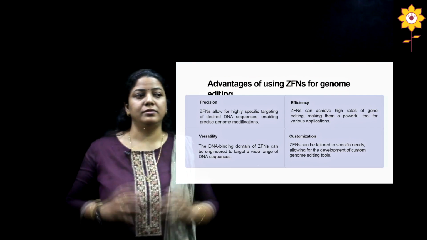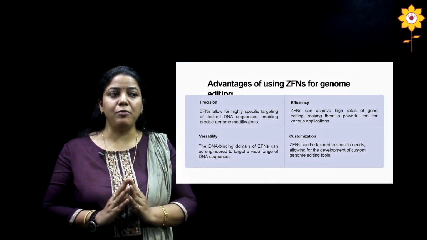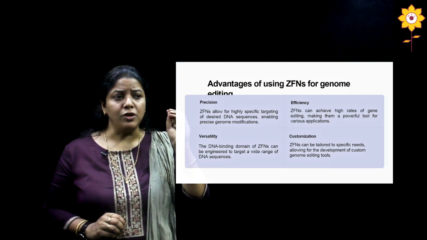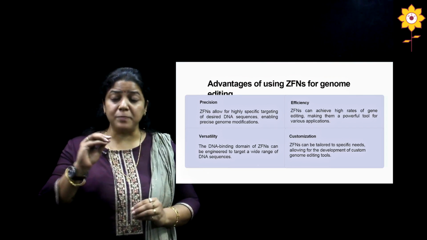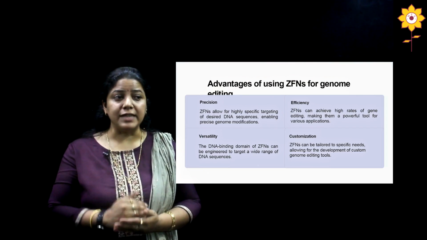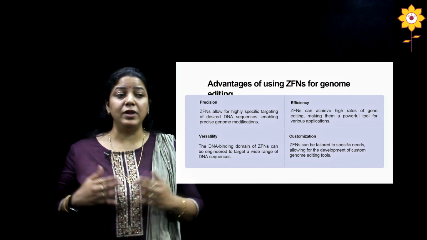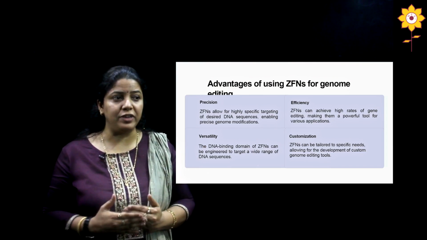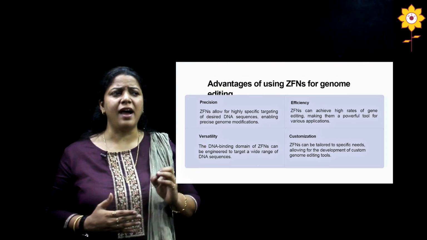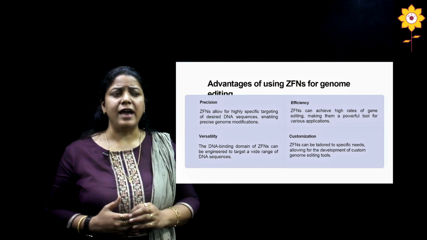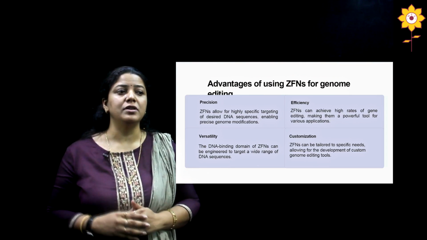So advantages: precision, very important. These zinc finger nucleases allow specific targeting of desired DNA sequences and allow precise genome modification. They are very efficient, with a high rate of gene editing, and they are very powerful tools.